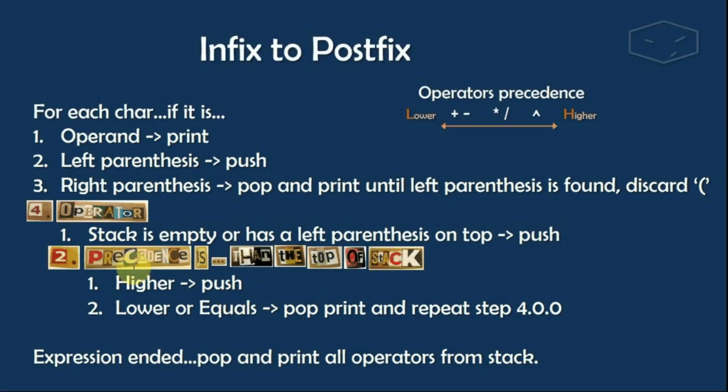In the next step, we need to compare the operator precedence with the symbol that we find on the top of the stack. These are the rules for operator precedence, and we need to convert these into numbers. So let's do that.